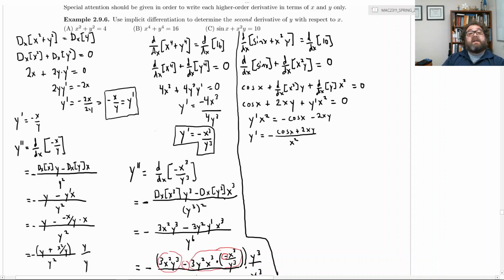Okay, now that's the first implicit derivative. If we want the second implicit derivative, we differentiate yet again. So y double prime is going to be the derivative with respect to x of the first derivative, which is negative cosine x plus 2xy over x squared. Okay, simple enough.